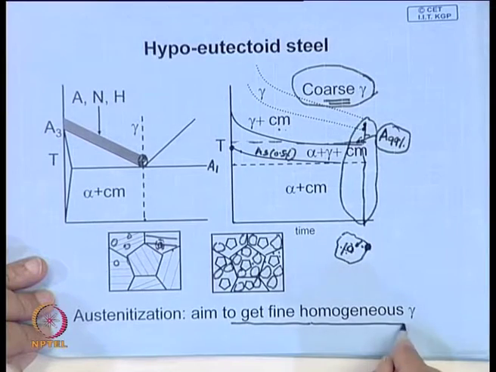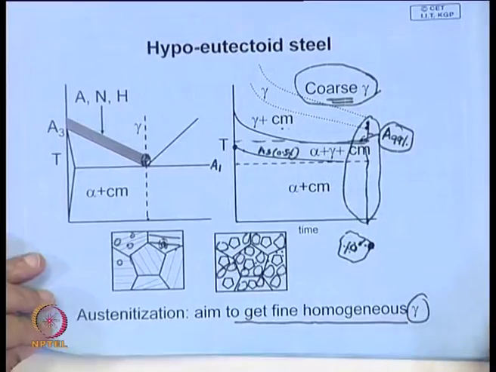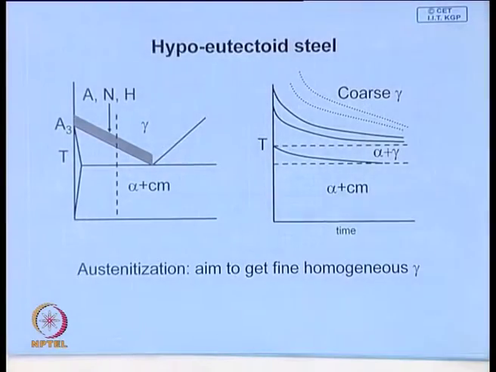The aim of the austenitization process is to get fine, homogeneous austenite, and this process is exactly the same irrespective of the composition of the steel.